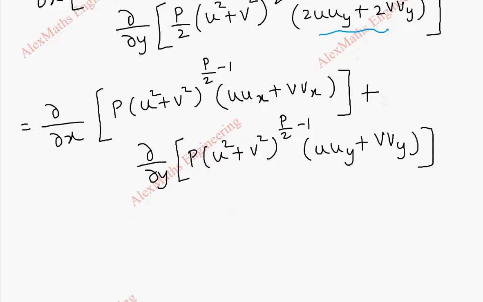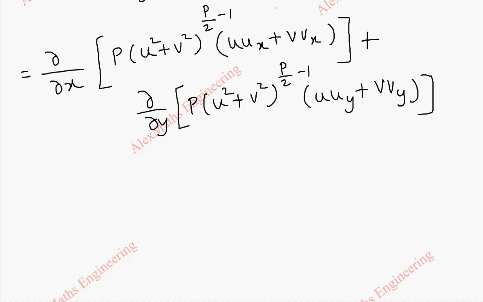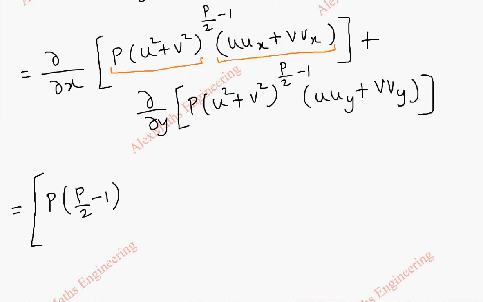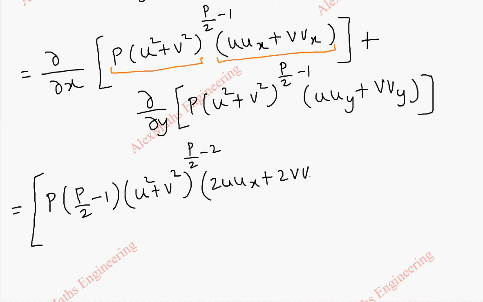Now as a next step, we are going to do the product rule for this entire term when we do partial derivative with respect to x. So when we start the differentiation, for the first term, p is a constant. Now (p/2 - 1) into (u² + v²)^(p/2 - 2). Then by chain rule, u² + v² we have to differentiate, which is 2u ux plus 2v vx.